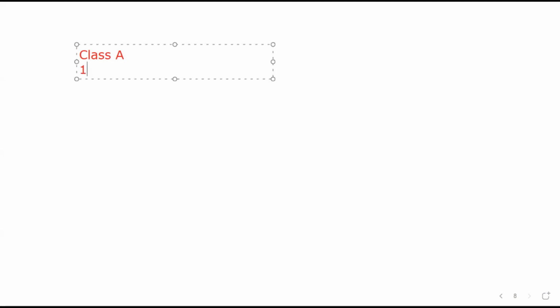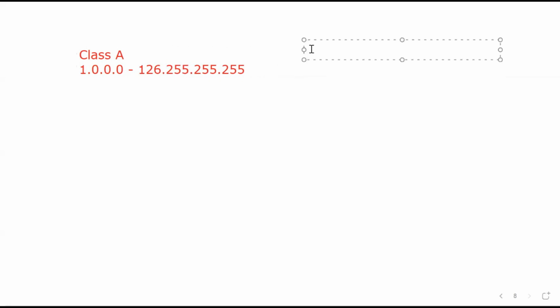The range given is 1.0.0.0 to 126.255.255.255, right? So in class A, we have the first octet as network and the other three are hosts.